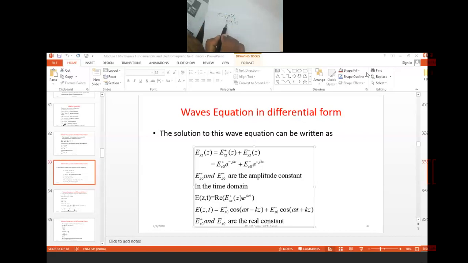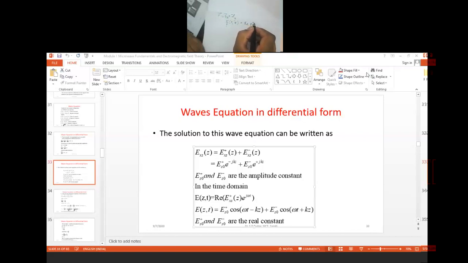It is not saying that the electric field vector is along the Z direction, but it is varying with Z. So we have a factor Ez of t, and generally we use a real term, and we can say Exs.